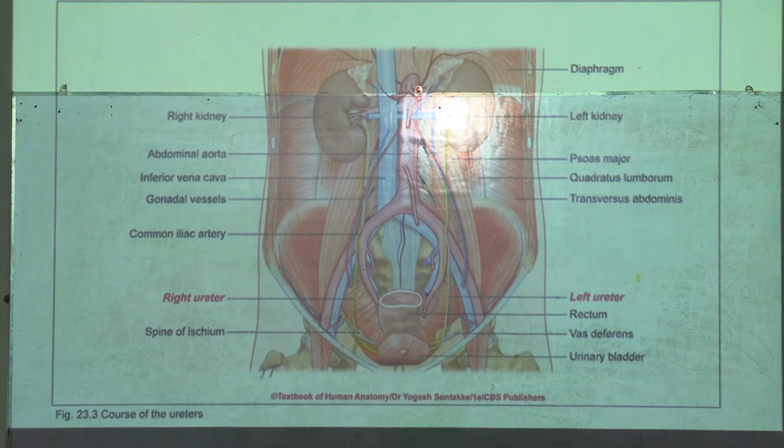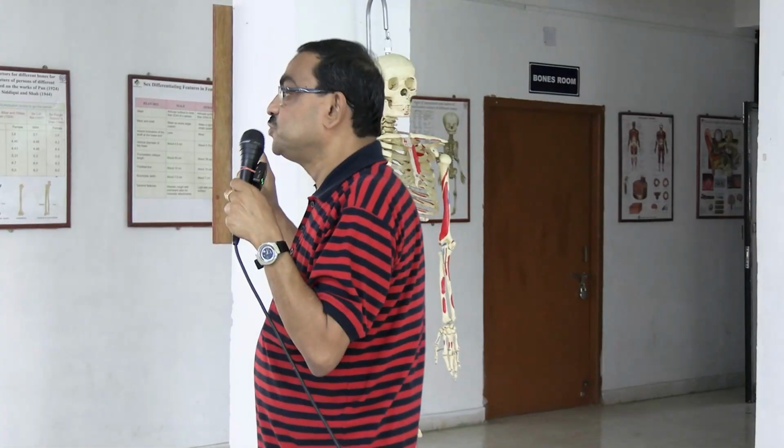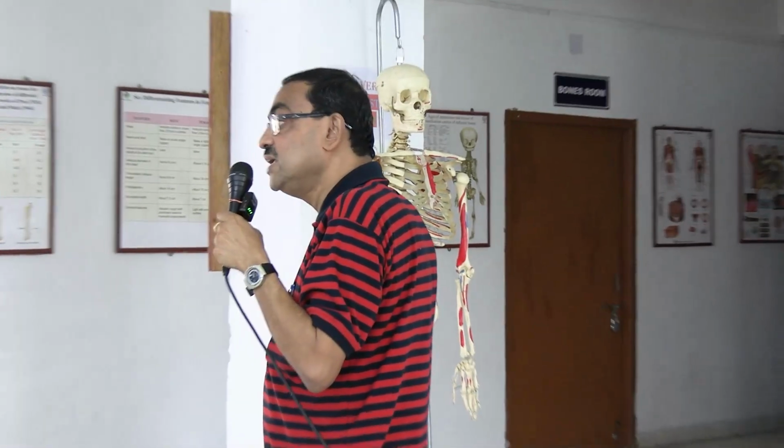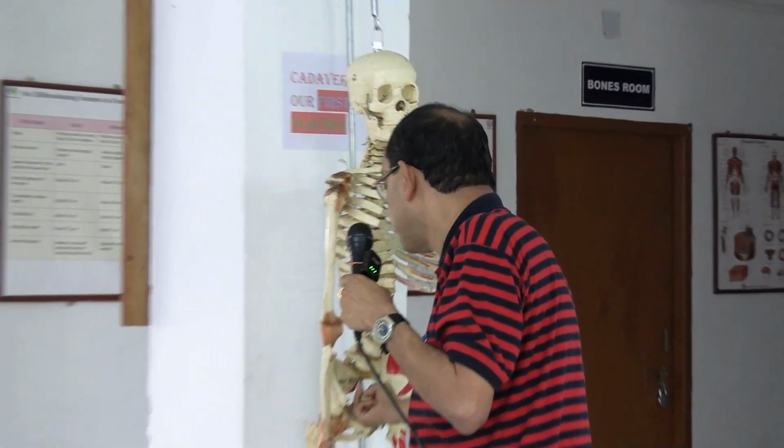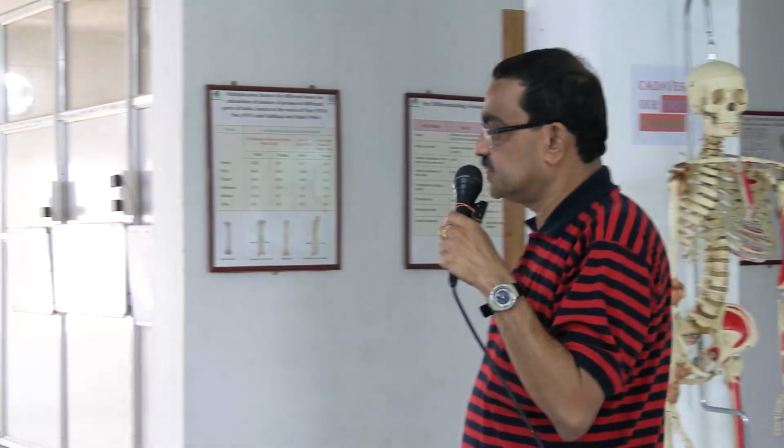Within the clamp, we can clamp the ureter also, and we can cut it. So that relation is very important, because during hysterectomy, we should be very much cautious, because ureter is only 1 inch away from the cervix of the uterus.